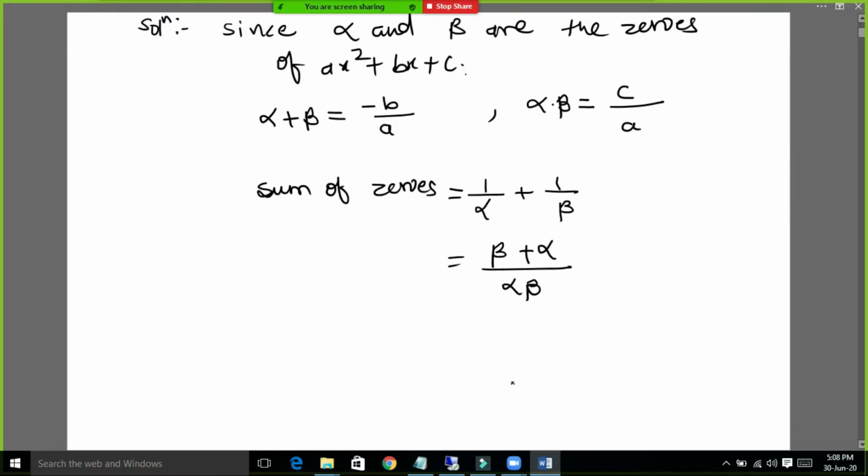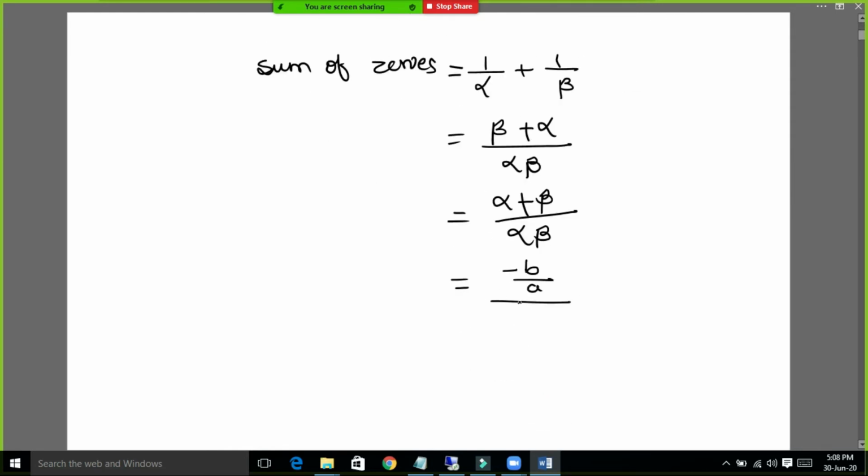So the sum of zeros is alpha plus beta upon alpha beta. Now we know the value of the numerator, minus b by a, and the denominator, alpha into beta, is c by a. We substitute: minus b by a upon c by a. Now this a and this a get cancelled, so we get minus b upon c. So this is the value for the sum of zeros.